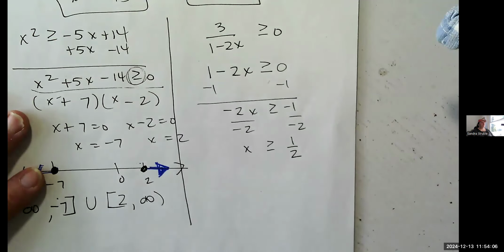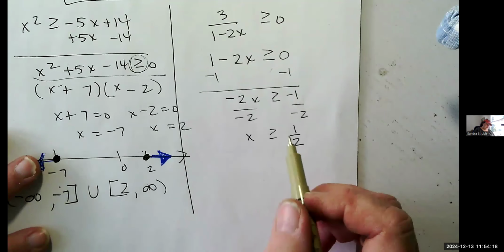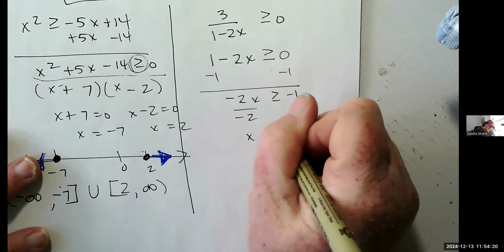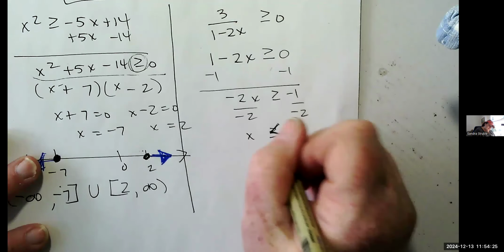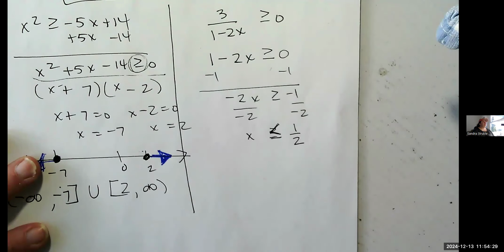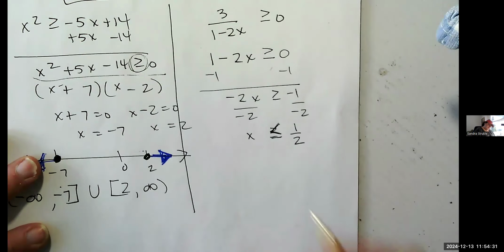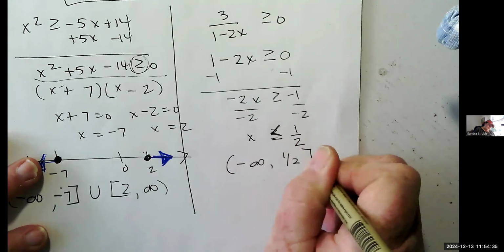So it's going to have to be included as well. No, but it can't be because it makes it 0. Yeah, okay. So that means that what we're going to do with this is we divided both sides. Oh, I didn't flip my sign. There we go. When you divide by -2 or multiply 3 by the negative, you flip your sign. So this means, do we need to answer this in interval notation? Yes. So my answer for this is from -infinity to 1/2, and it is included.